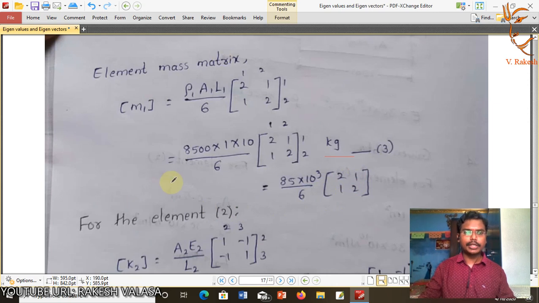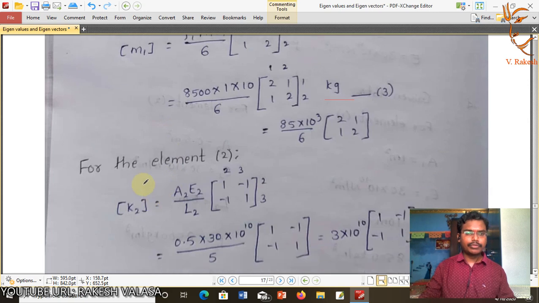Similarly, calculate the stiffness matrix and mass matrix for element 2. For element 2, the stiffness matrix is A2 E2 by L2 times [1 -1; -1 1]. Element 2 has nodes 2 and 3.